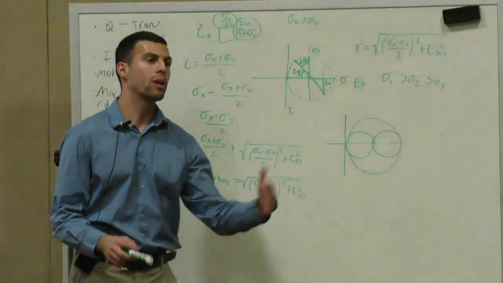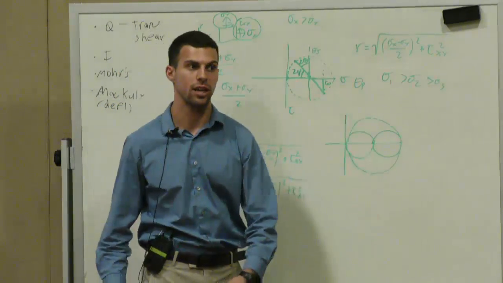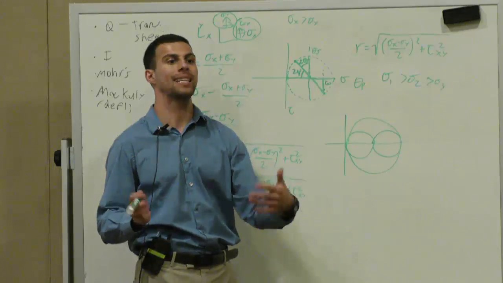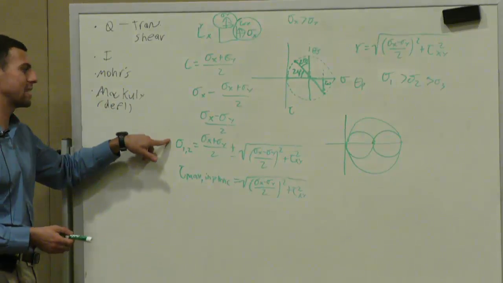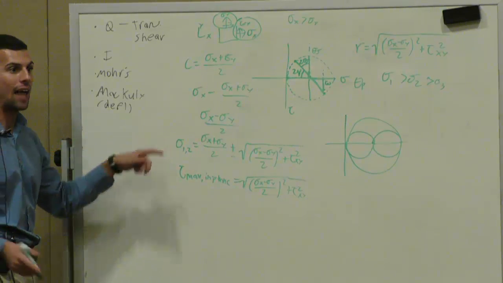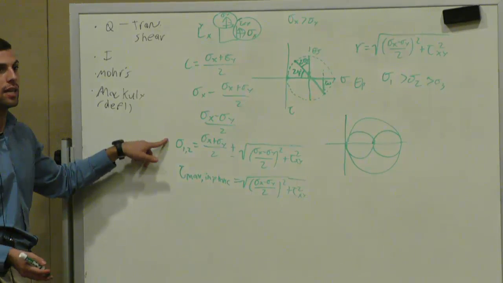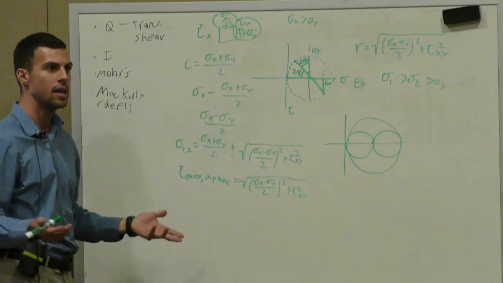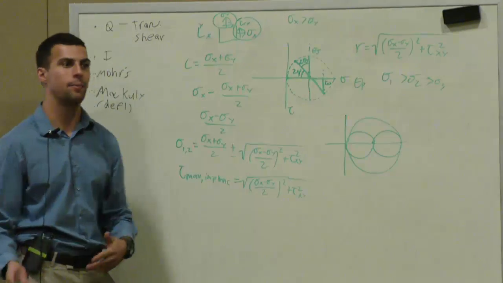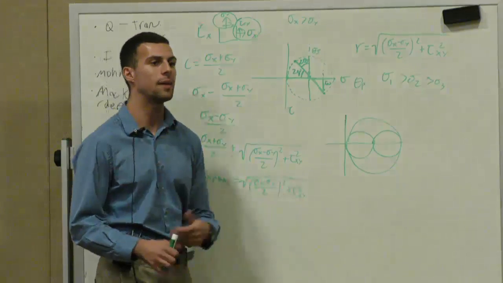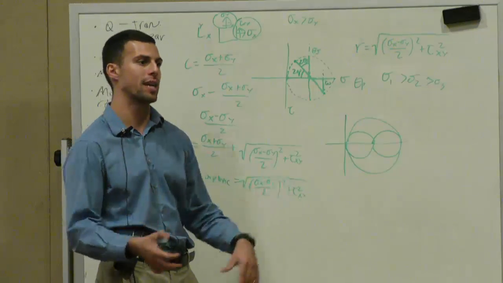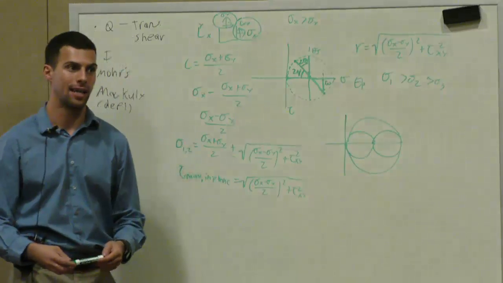We don't really care per se about the normal stresses, because we're already calculating max and mins of those. Either one of these is always going to be the max, and then the min is either the other one of these or it's 0. So we already know the max and mins for normal stress. So we care about in-plane and out-of-plane shear stress and which one is absolute maximized.